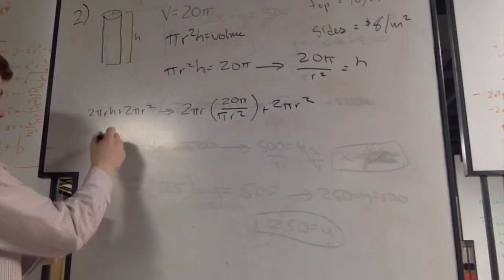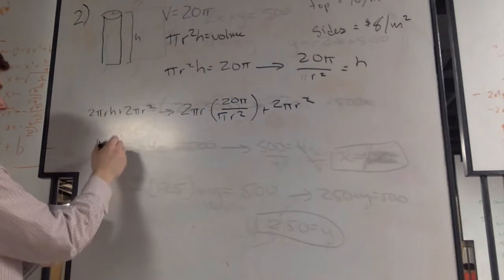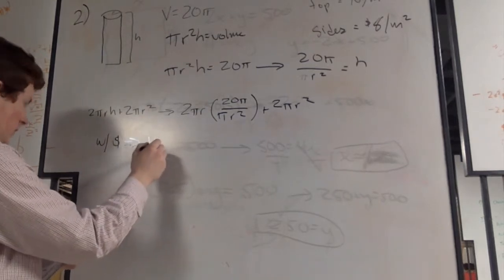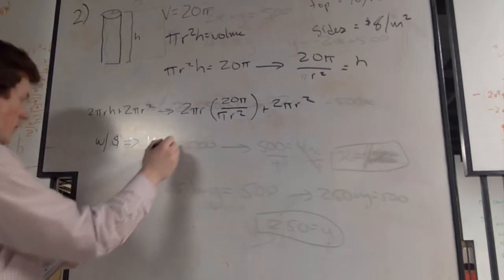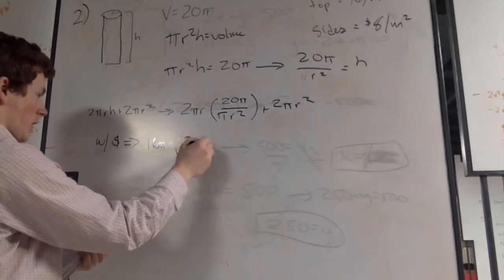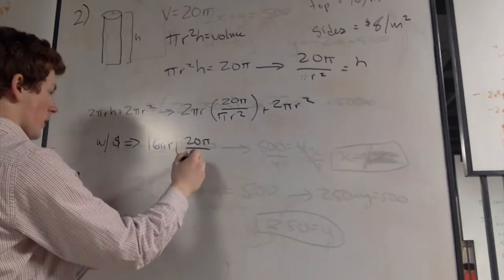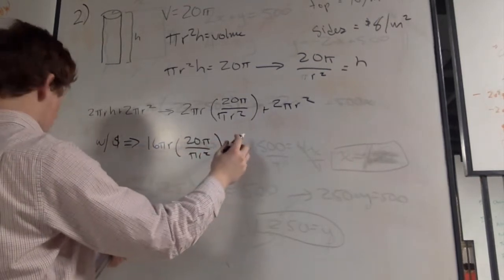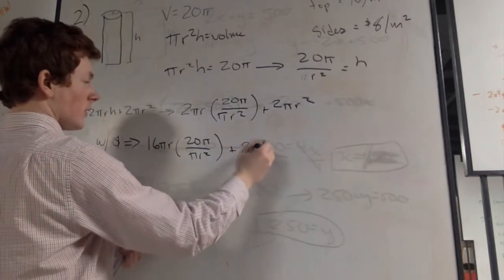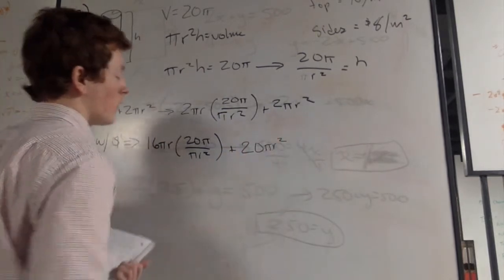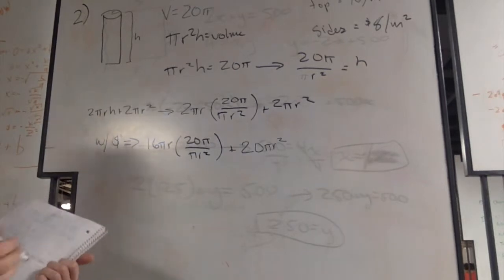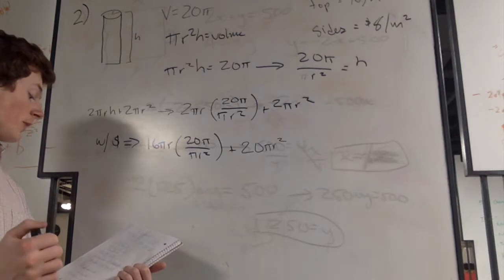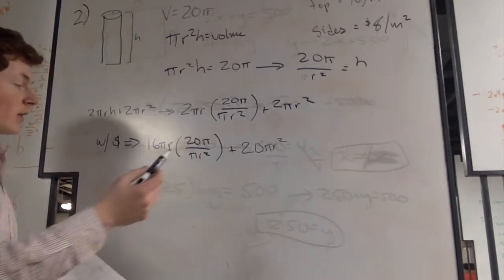So with prices, that will go to 16 pi r times 20 pi over pi r squared plus 20 pi r squared. So now that we have that, we can further simplify that to make it a lot easier to work with.